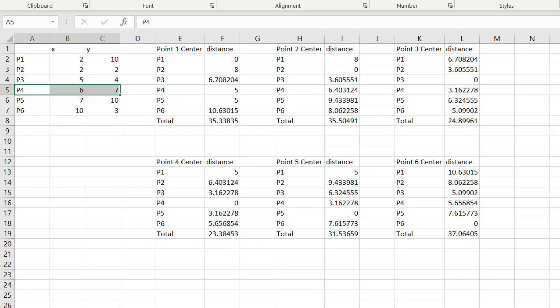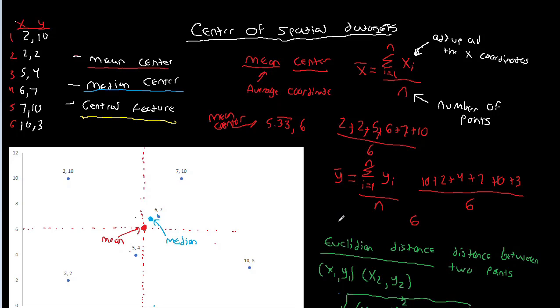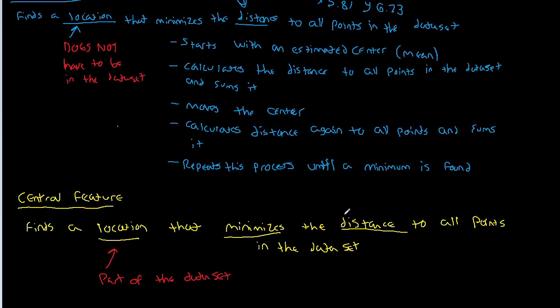So let's go back to our blackboard and go down a little bit. Again, to prove what we did, we found the location, in this case the point 6,7, that had the smallest total distance from all other points in the data set.